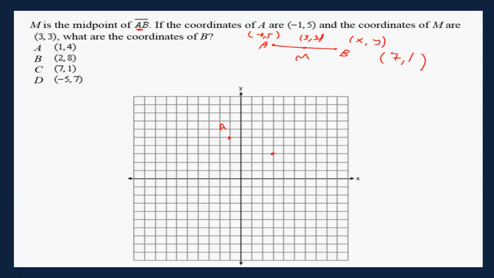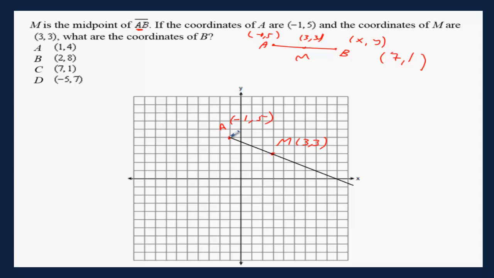If you graph a line, or a segment, from here, what is the second point? From here, this is the midpoint, 3 and 3, and this is -1 and 5.